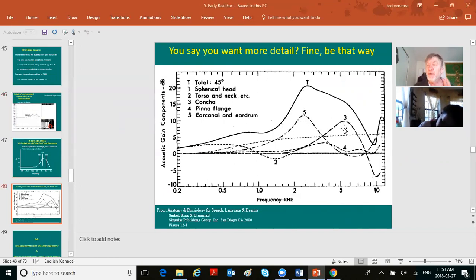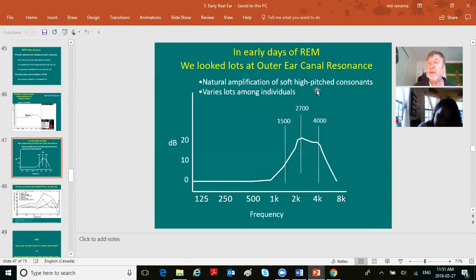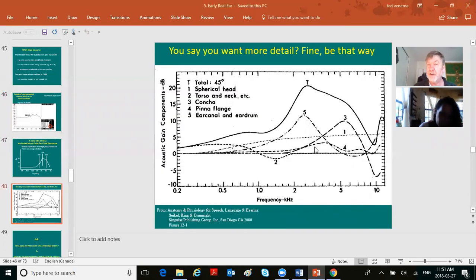So when you're measuring the resonances of all the pieces and parts of the outer ear, you're getting the T for total. That's how to interpret this picture. And this picture is just a more complicated way of showing my picture here. Okay? So when you're looking at my picture, you're looking at the T in this picture here. And I guess that's what I want you to take home.